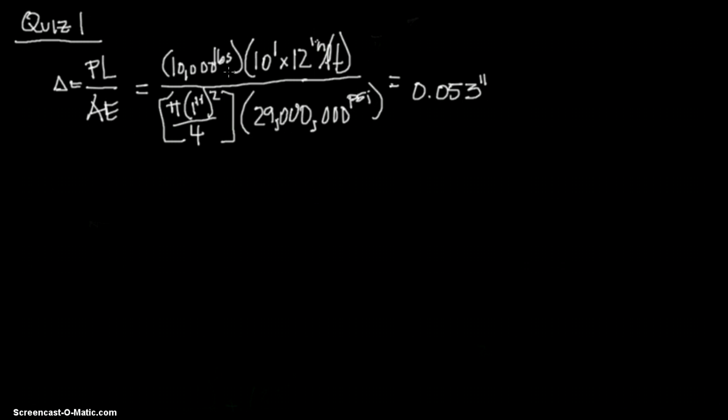So now you just have pounds, and you have pounds up here, and pounds down here. You get rid of it. You got rid of those square inches divided by square inches. Then you're just left with foot divided by foot, which cancels out, and you just have inches left. So that is C, 0.053 inches.